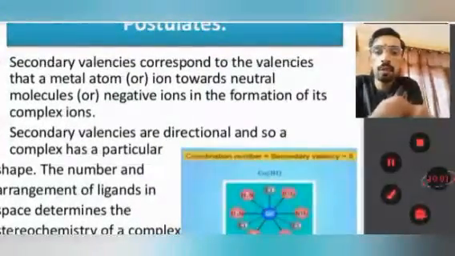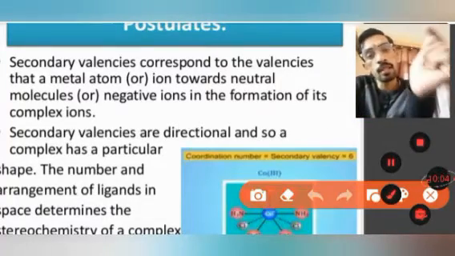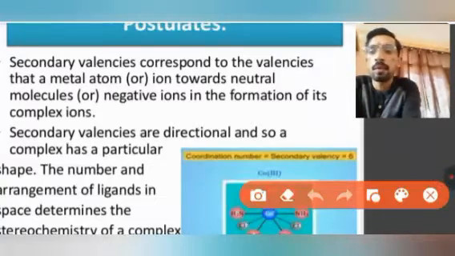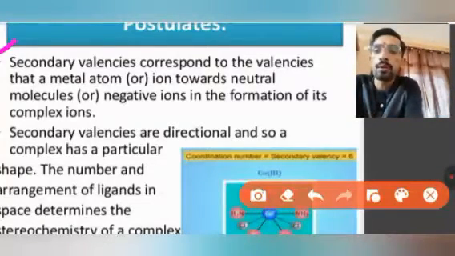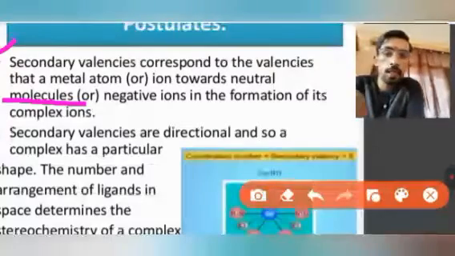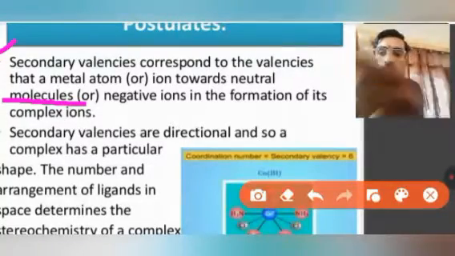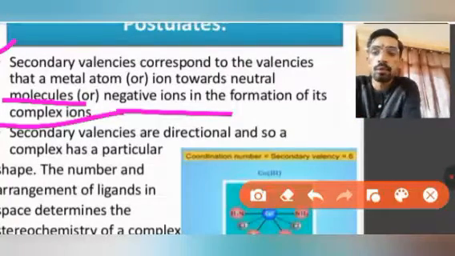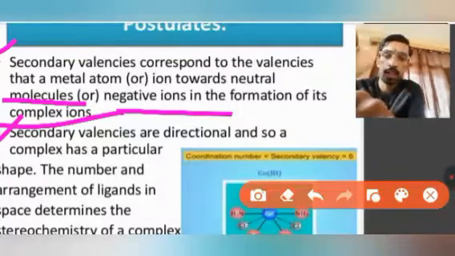Now primary valency is what? Which is ionizable, which is responsible for the number of charges on metal, which is the oxidation number. Now what is secondary valency? It corresponds to the valency that a metal ion shows toward neutral molecules. ये वो valency है जो एक metal ion की neutral molecule की तरफ है, negatively charged की तरफ है, in the formation of its complex ion. So secondary valencies are directional.